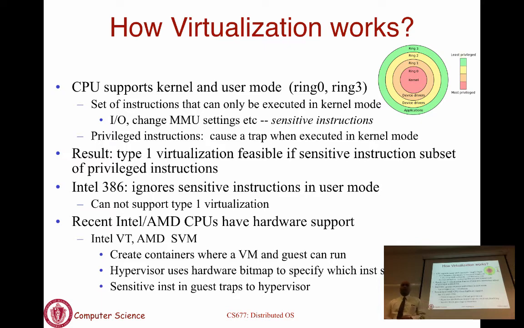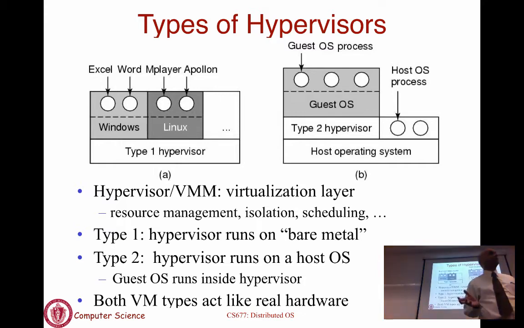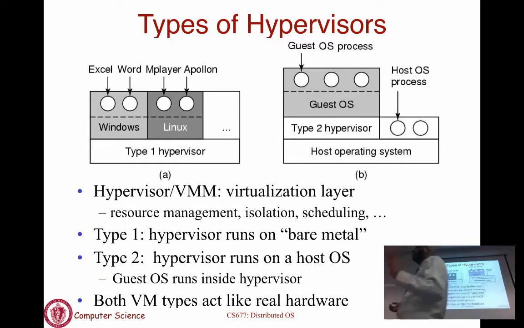Let me now explain what will happen in type 1 virtualization. Normally when you boot an OS on the machine, the OS essentially runs in kernel mode. It has full privileges to do whatever it wants. I presume that's clear, right? The OS essentially has complete control over the hardware. It can execute any instruction it wants in kernel mode.